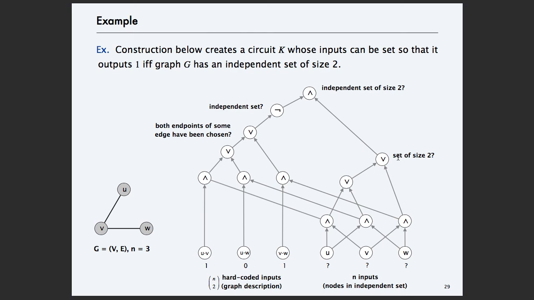This is really telling me set of size at least 2. And then this guarantees that I cannot choose 2 edges of the same piece. Isn't this cool? We'll continue talking about it on Monday.